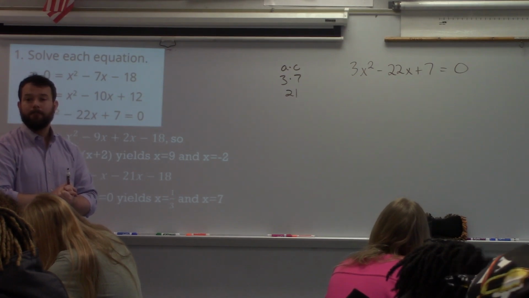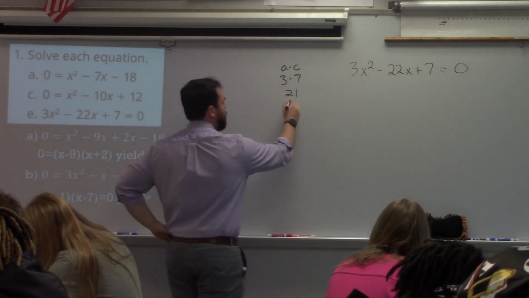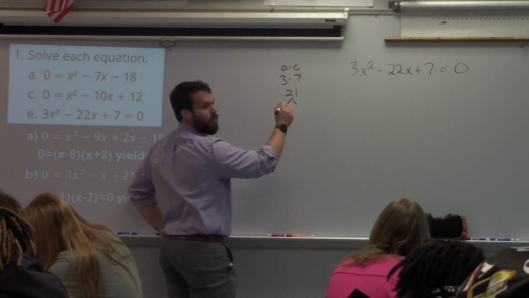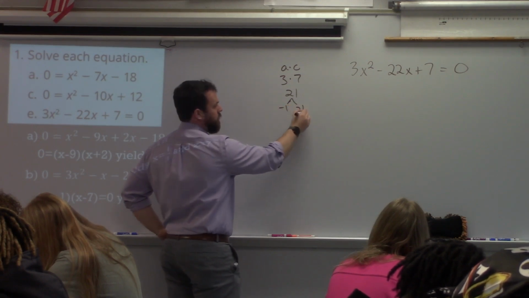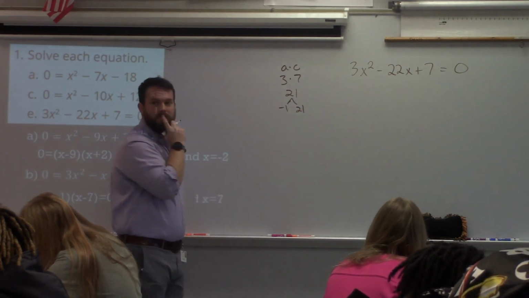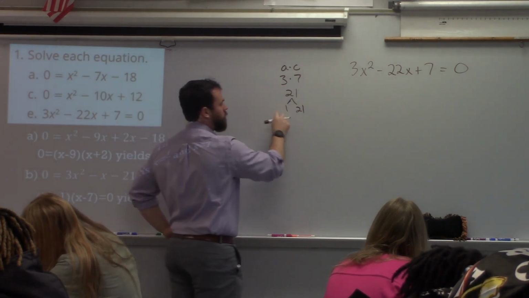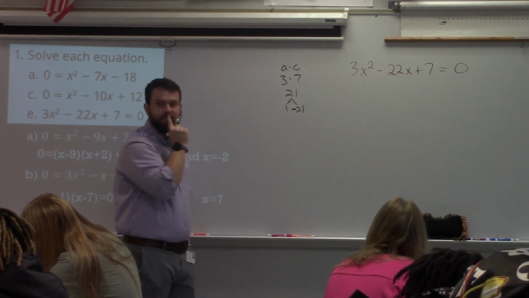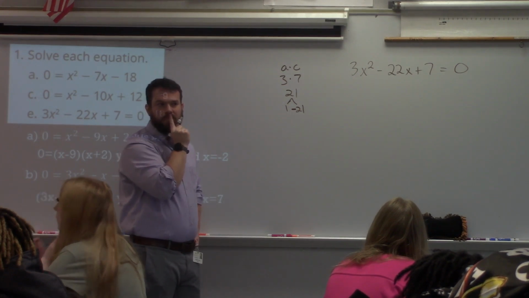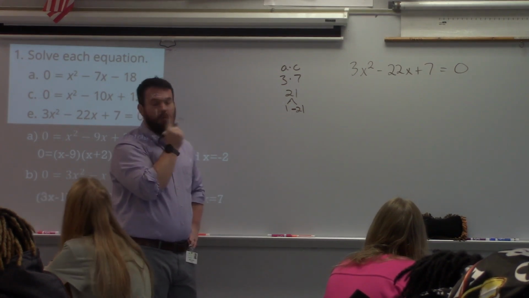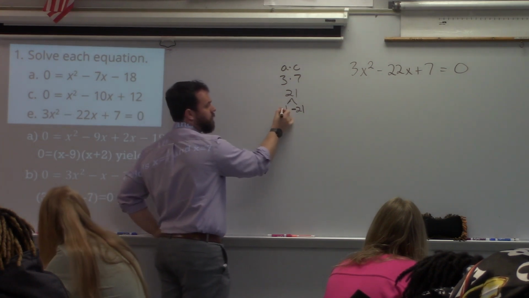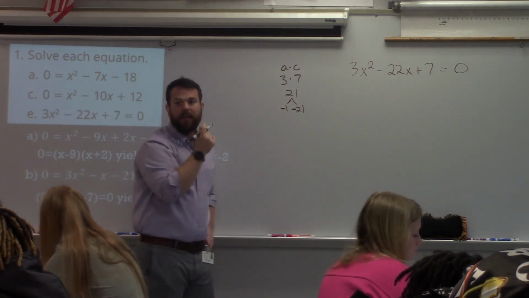-1 and 21? No, what is it, -21 and -1? I want them to add up to -22. They can both be negative, Eliza.